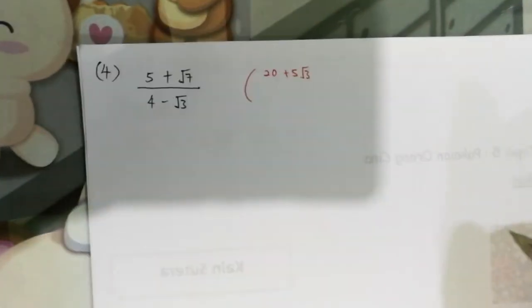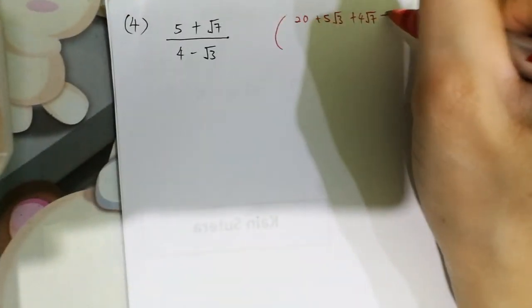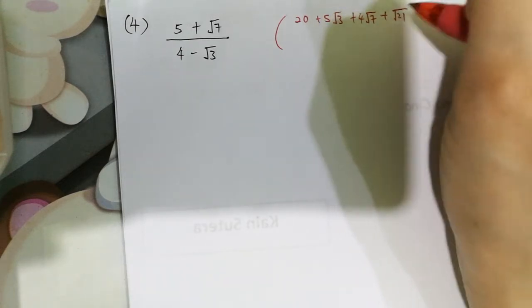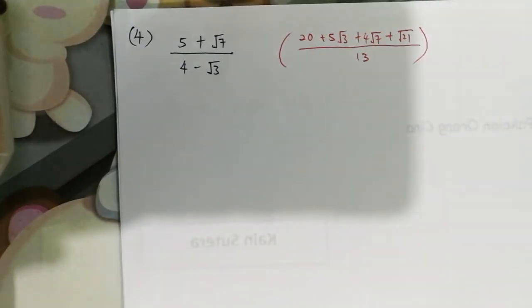The answer should be 20 plus 5 root 3, because the root up there, the numerator also has the root. So it is 20 plus 5 root 3, then 4 root 7 plus root 21. The whole thing divided by 13. So this is the answer that you should get.